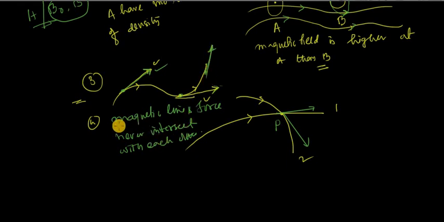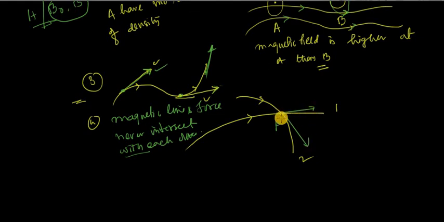Another point is that magnetic lines of force never intersect each other. Suppose, for some reason, lines 1 and 2 intersect at point B. Then you can draw two tangents at point B, one tangent over the first line of force and a second tangent over line of force number 2. These two green tangents are shown at point B, and they give two directions.